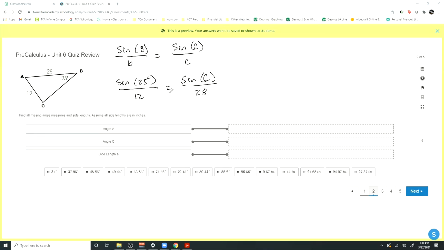Cross multiply. So my unknown is this angle c, so I'm going to do these first. To get 12 times the sine of c is equal to 28 times the sine of 25.